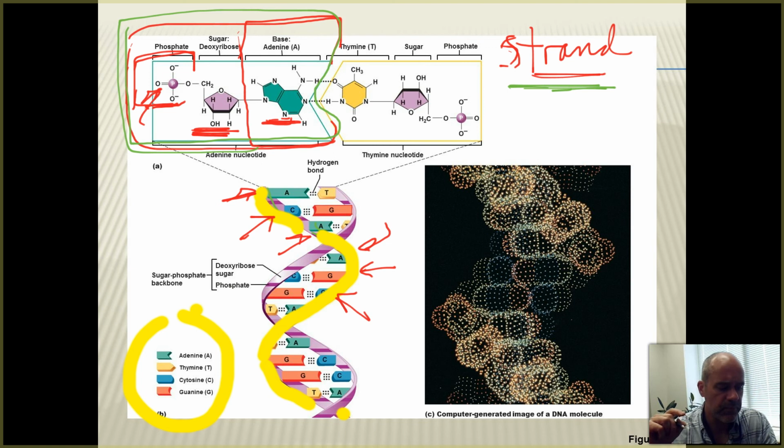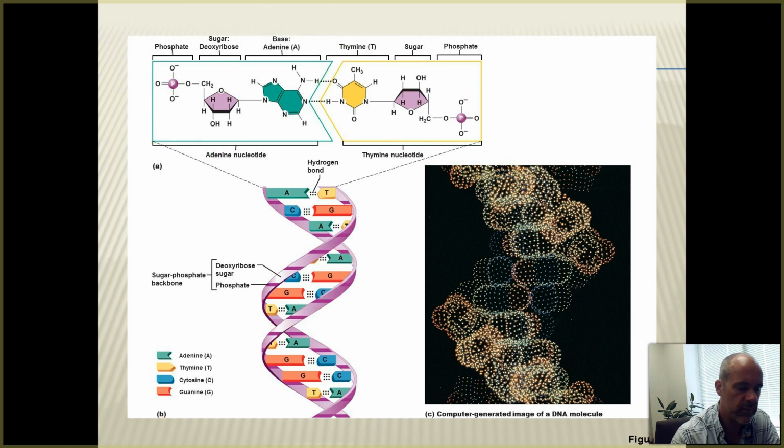Okay, before I go on, let me point out too, how are these nucleotides bonded together? What holds all the nucleotides together in a single strand of DNA, in the purple strip here that you see, is called the sugar phosphate backbone.